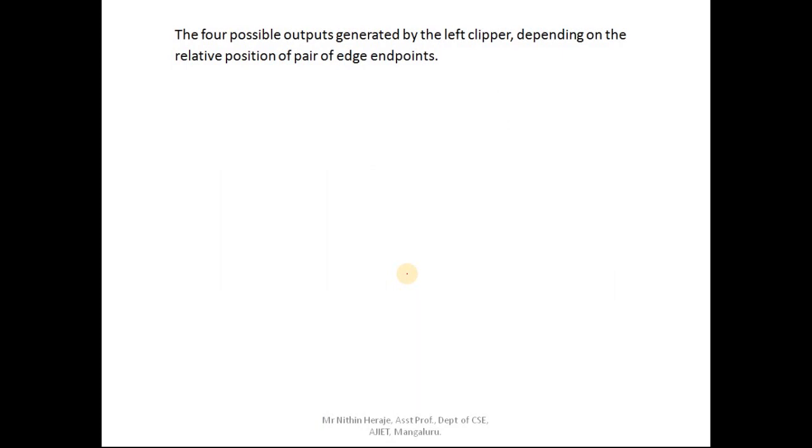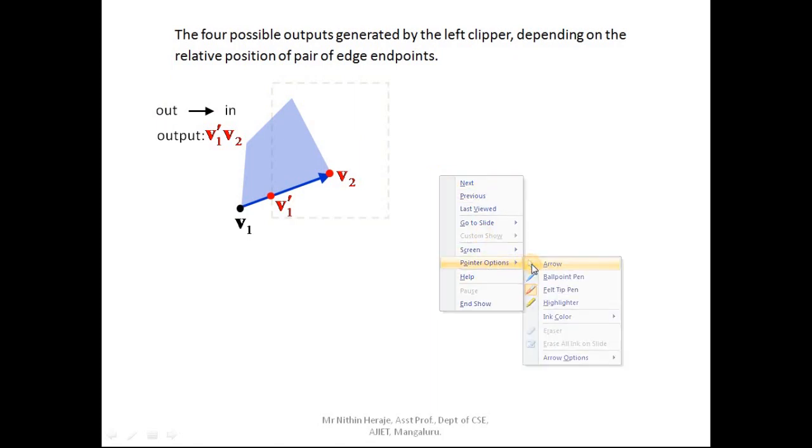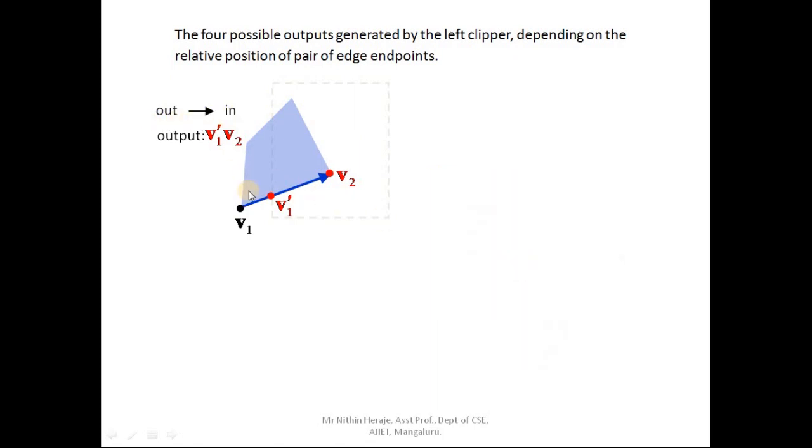The four possible outputs generated by the left clipper depend on the relative position of the pair of edge endpoints. The first is out to in. If the case is out to in, V1 to V2, then your output will be V1 dash, the intersecting point, and V2.